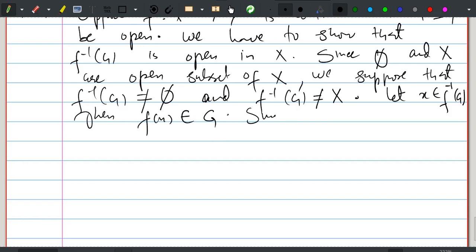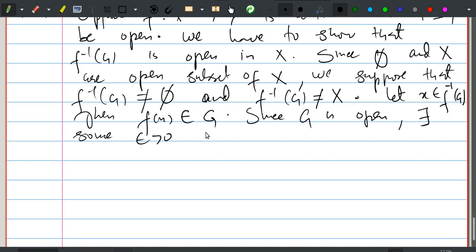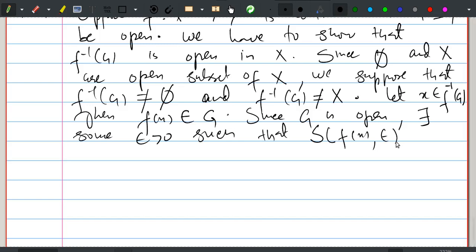Since G is open, there exists some epsilon positive such that the open ball centered at f of x with radius epsilon is contained in G.